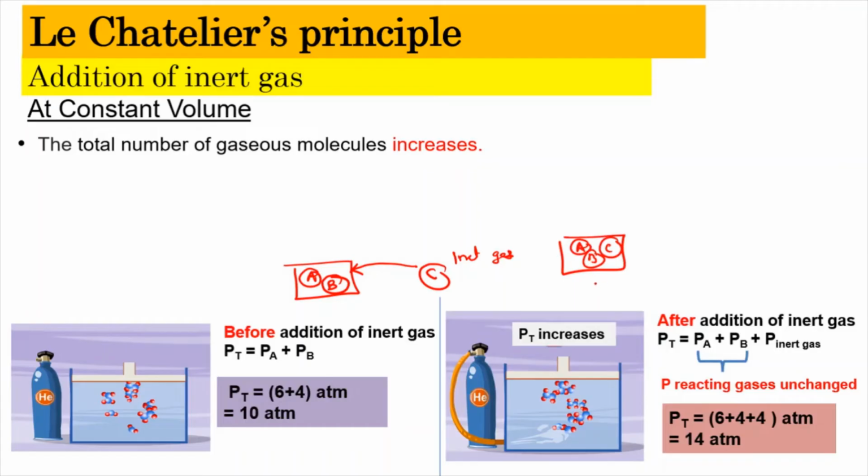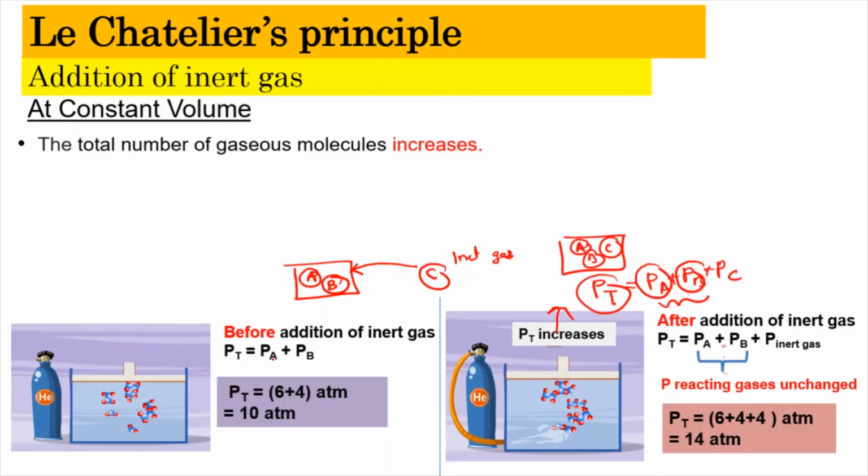As a result, our total pressure is going to get higher because of PA plus PB plus PC, according to Dalton's law. However, the partial pressure of A and B will remain unaffected, unchanged.